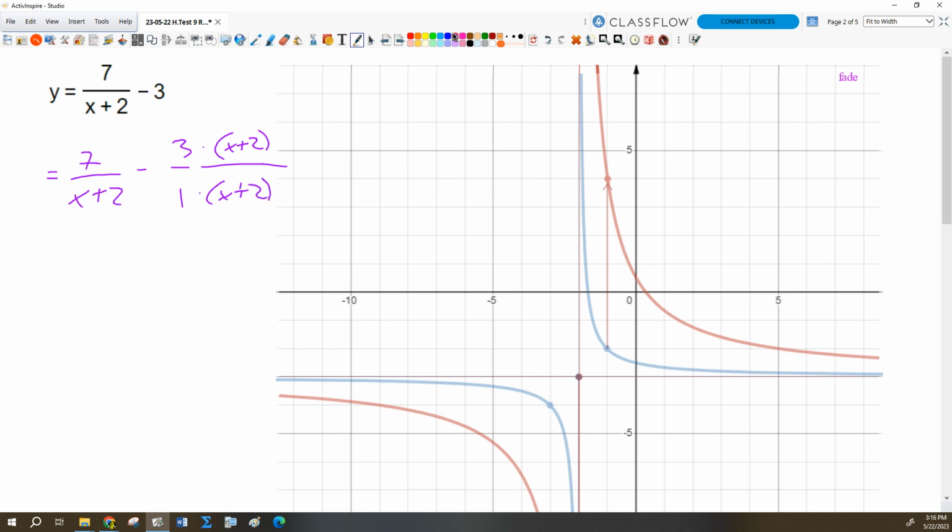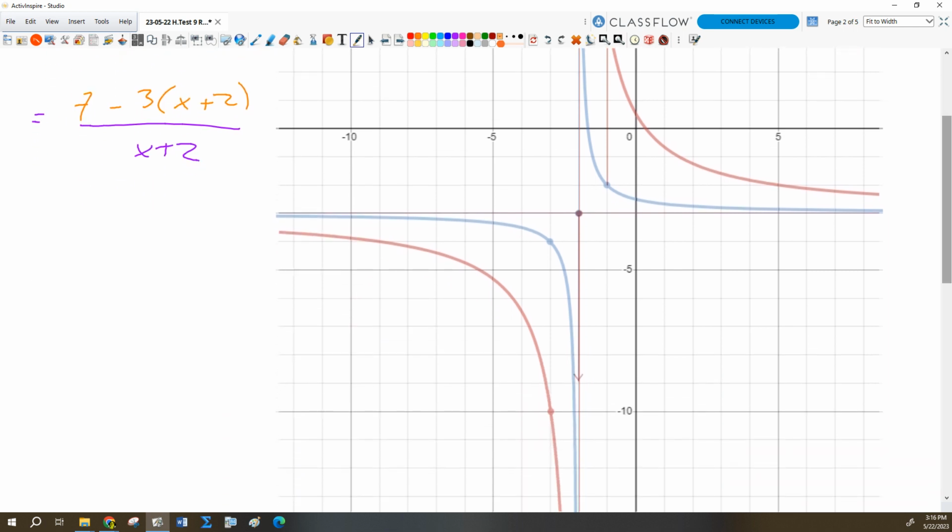And then what's that give me? Well, I get a common denominator of x plus 2. And on the top, I'd get 7 minus 3 times the quantity x plus 2.